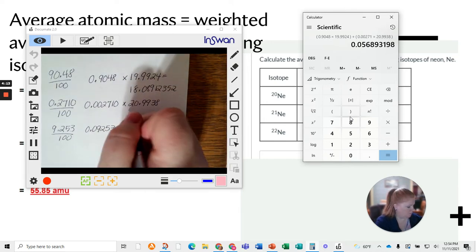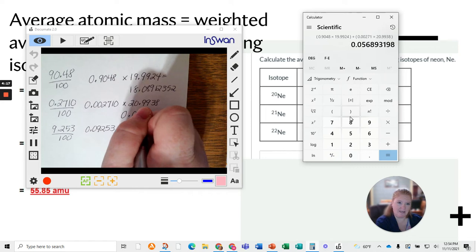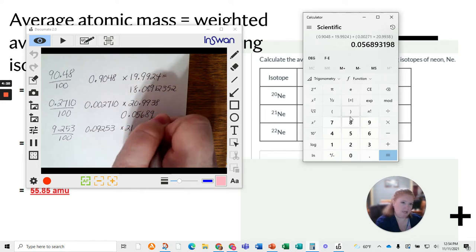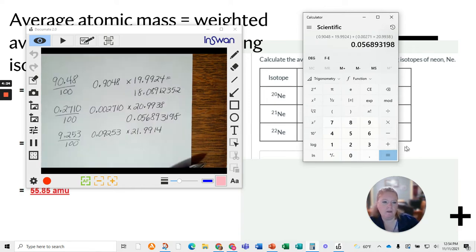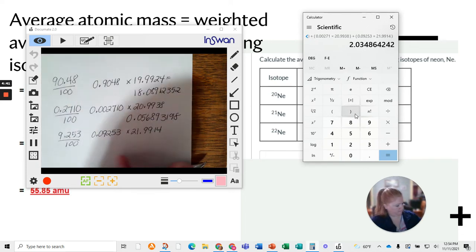And I am just going to write this down just so we can check it at the end so you are convinced that I did it correctly. 0.05689398 plus parentheses 0.09253 times 21.9914 and parentheses.